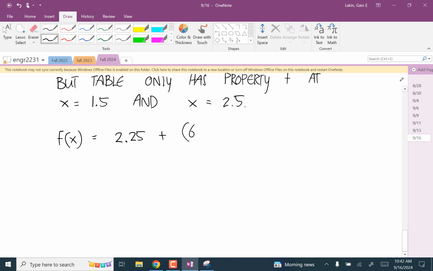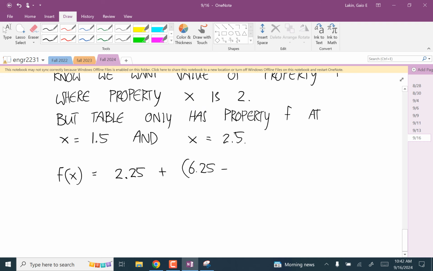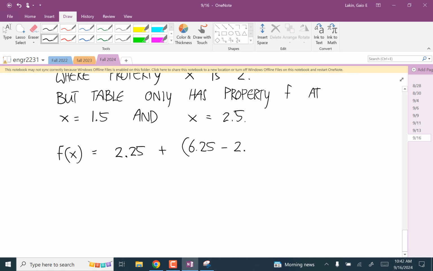So that's 6.25 minus 2.25 divided by the change in the x value, divided by x2 minus x1. So that's going to be 2.5 minus 1.5.